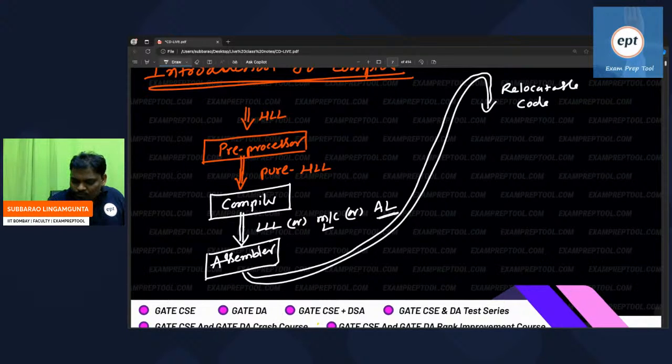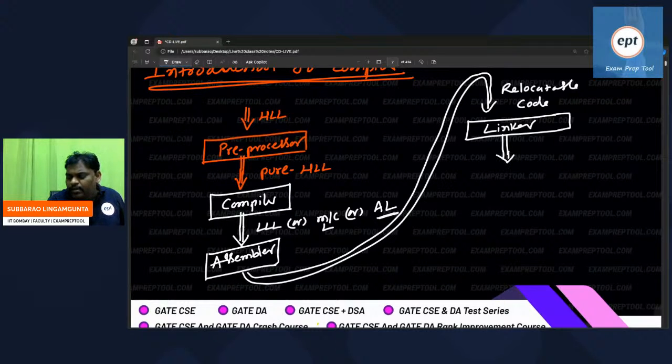Anyhow, relocatable code. So assembler input is assembly language, output is relocatable code. Some people are asking what it means. I will explain within a few minutes. Now see correctly. Assembler, okay. Next one, everyone listen. Next one is linker. So what the linker will do is it will link. The linker will convert relocatable machine code.